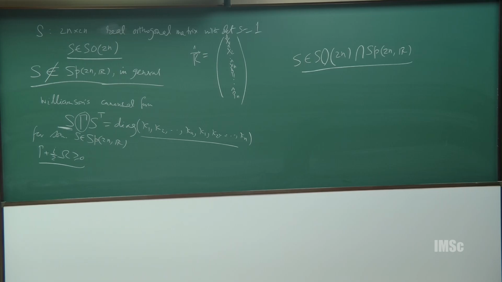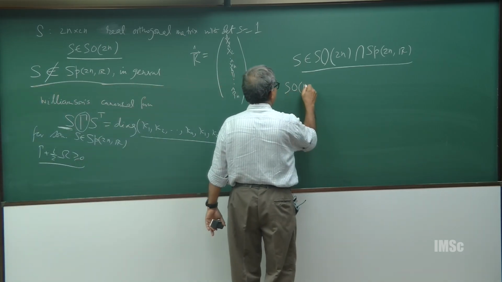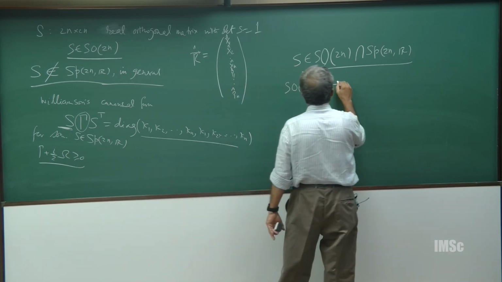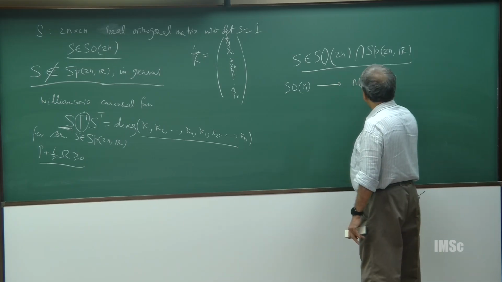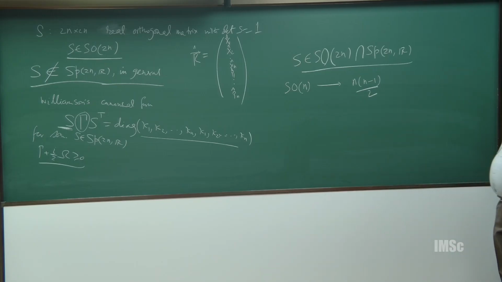And now, if we count this, for SO(n), for any n, how many generators will you have? n into n minus 1 by 2. How?